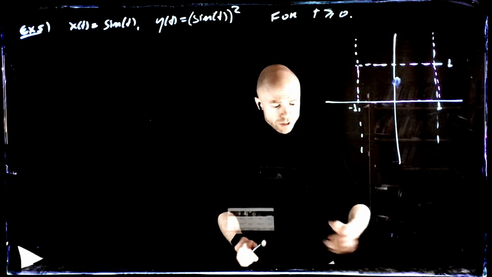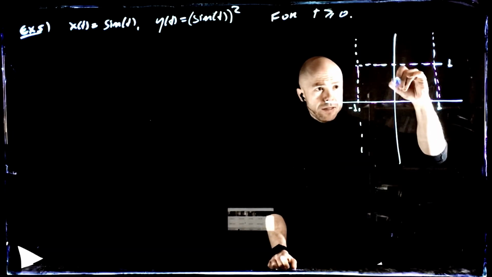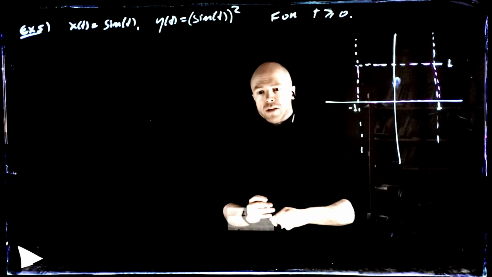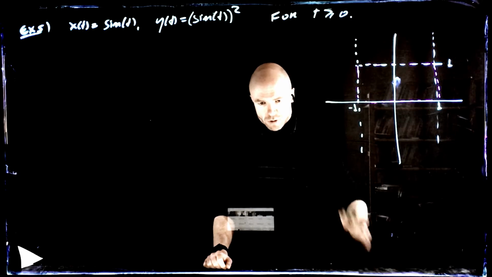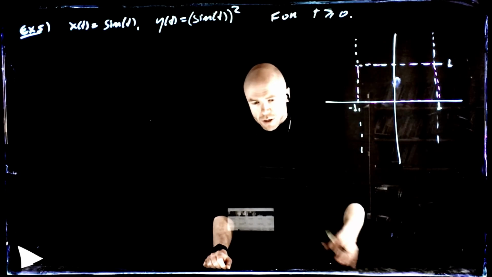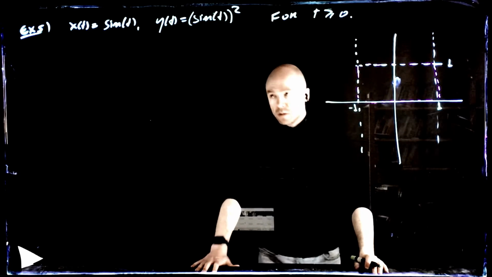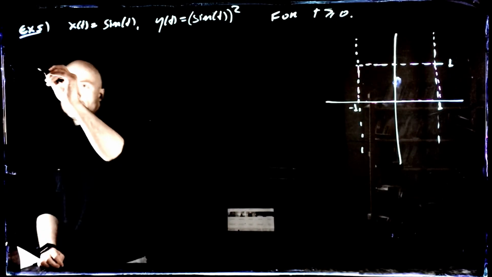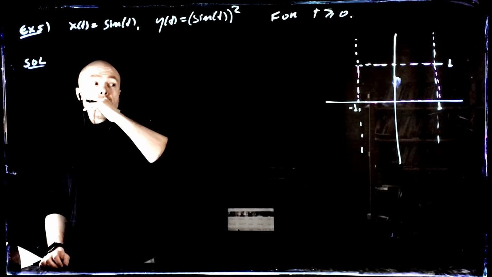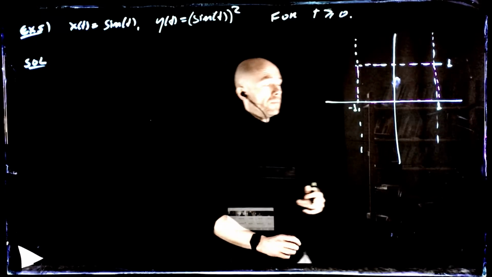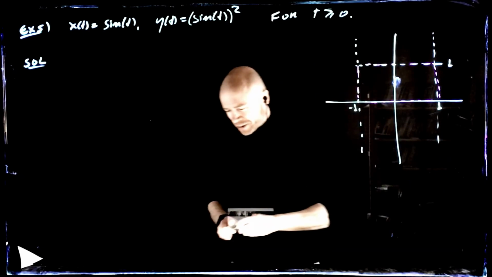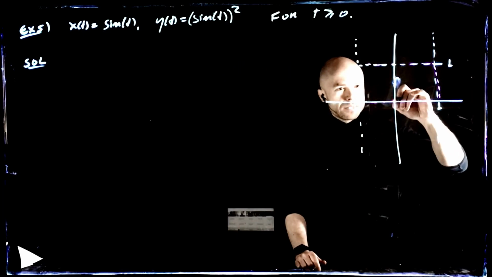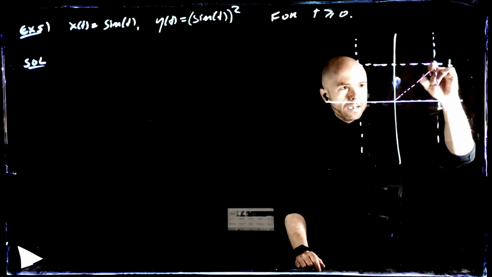So if we're stuck, then we can just start to put in points for various values of t. So when t equals 0, where are we? Yes, that's something else we know. So we are slowly getting there by exclusion, right?